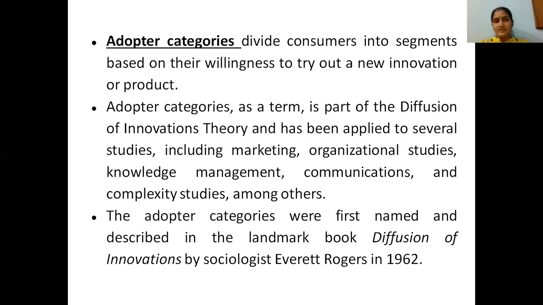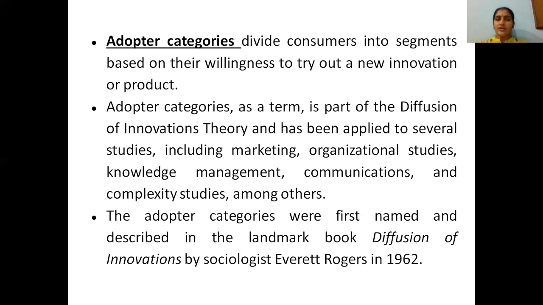So, let us actually start today's concept, that is adopters and non-adopters categories. First, let us see what adopter categories are. The word adopter itself says it: they are accepting the change which has been prevailing. So adopter categories divide the consumers into segments, and those segments are based on their willingness to try out a new innovation or product.